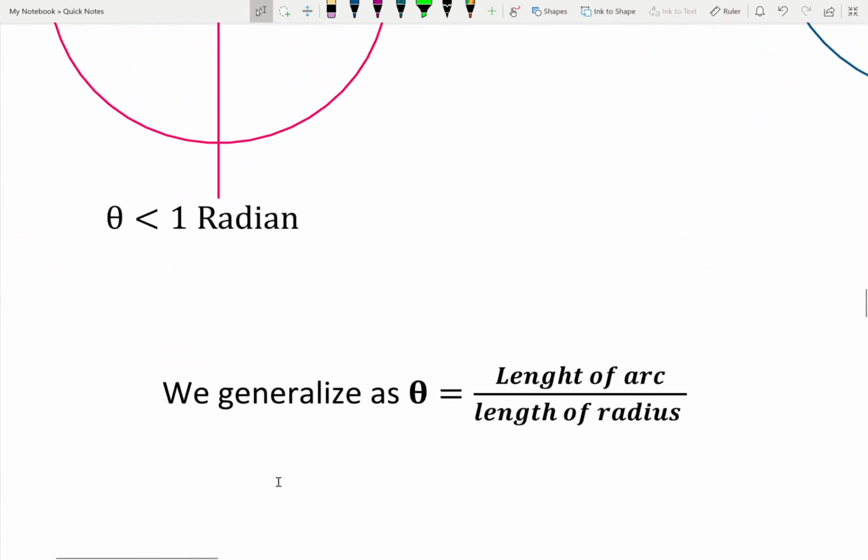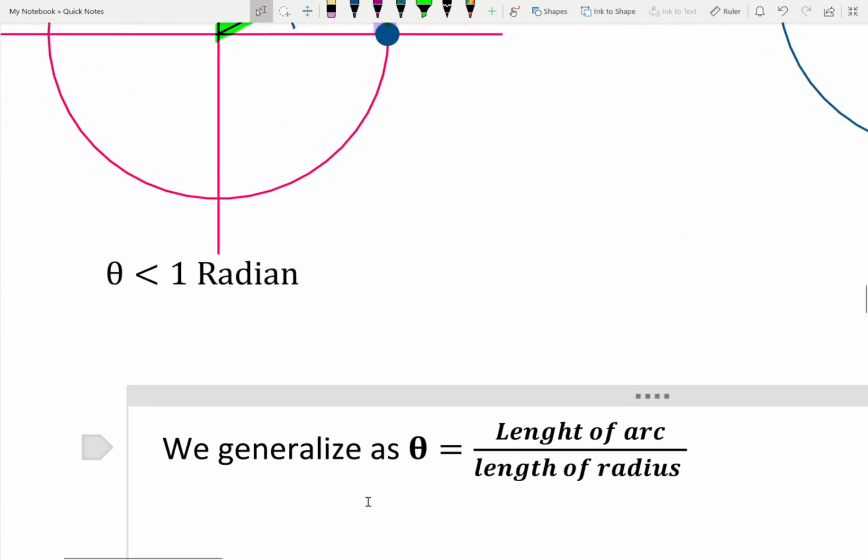Theta in radians is equal to the length of the arc, the purple side, divided by the length of the radius, the green side.